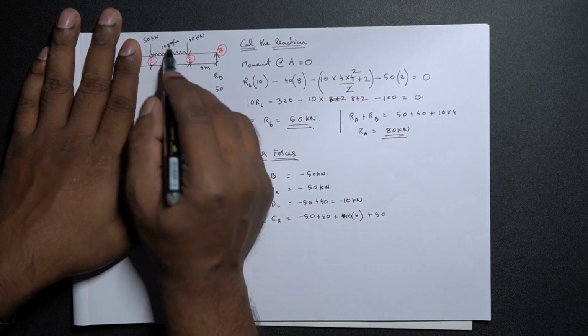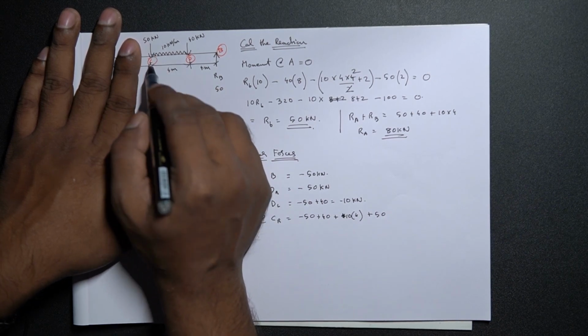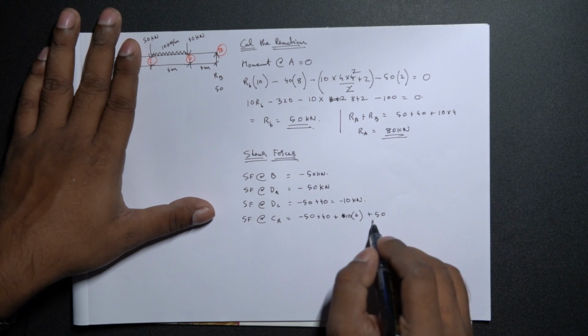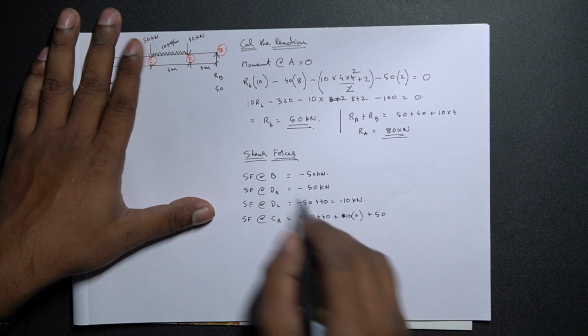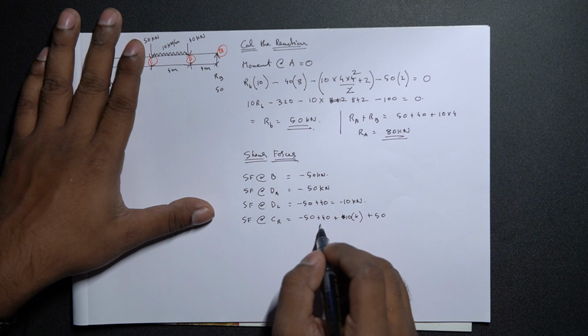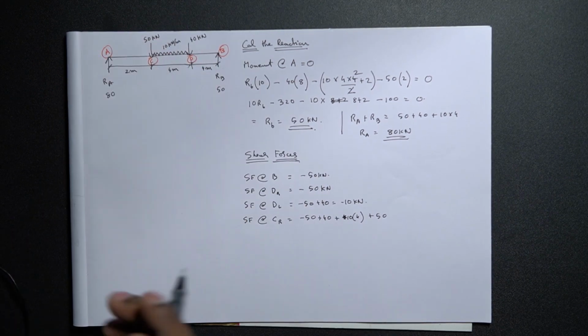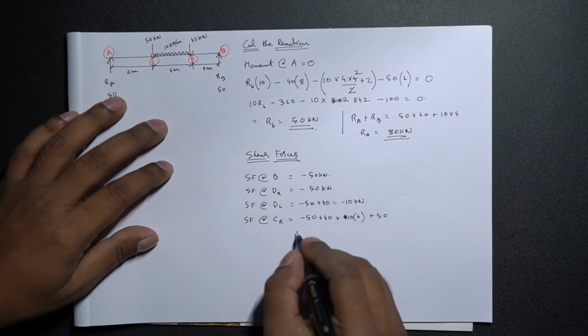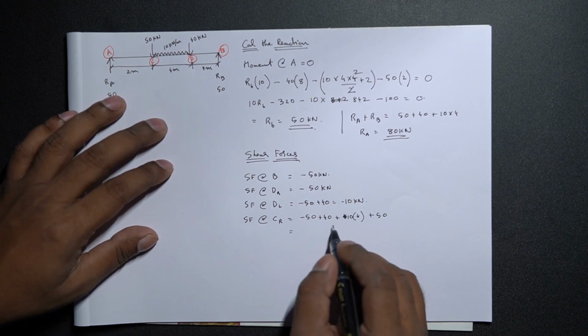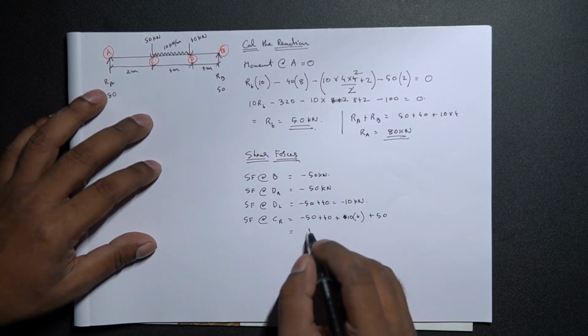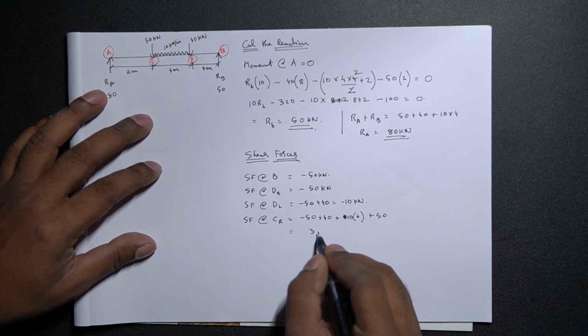On a section towards the right hand side, the load is acting downwards, so it's positive. But over here on the right hand side, it is going upward. That is the reason why it is negative over here. So this would give us minus 10 plus 40 plus 50. That would be 30 kilonewtons.